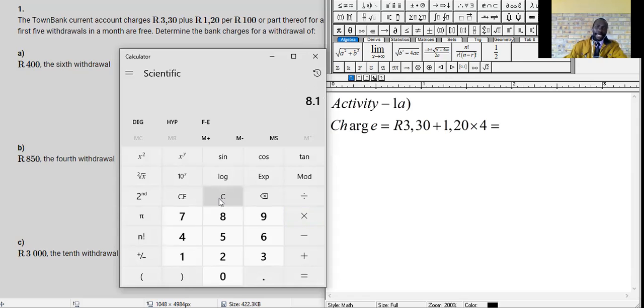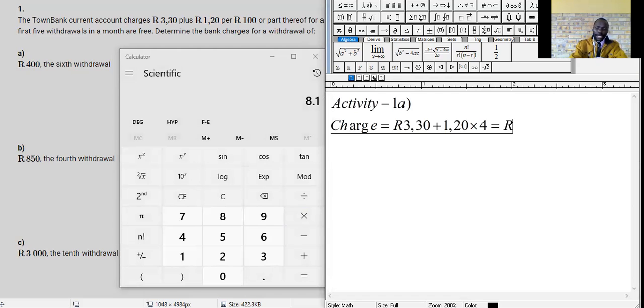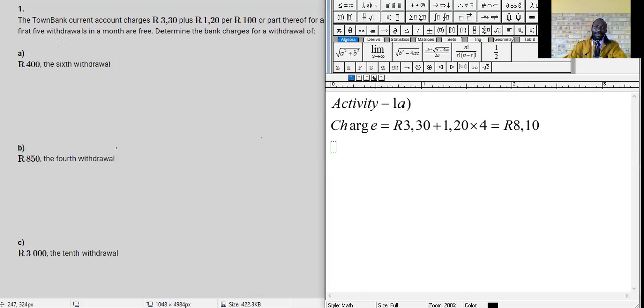That gives us 8.1. So in rand, the charge is going to be 8.10. That is going to be the charge for withdrawing 400, making it the 6th withdrawal.